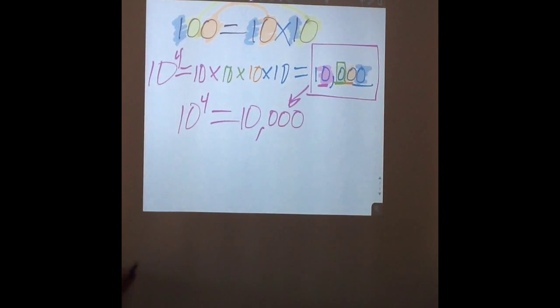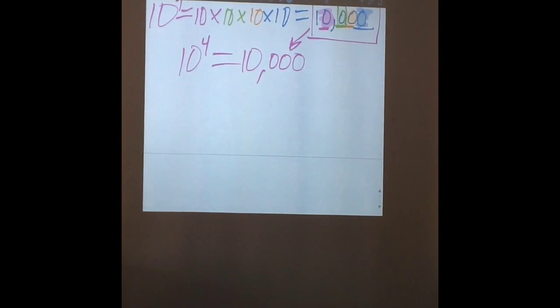Let's say I have 4 times 10 to the 2nd power. What do we do first? Which one of these do we do first? We do the 10 to the 2nd power first, right? And what does 10 to the second power mean?